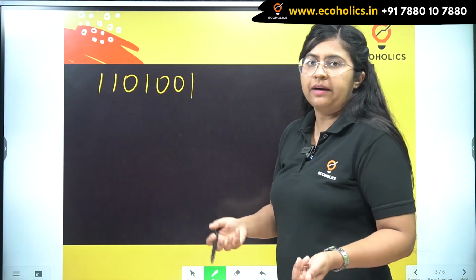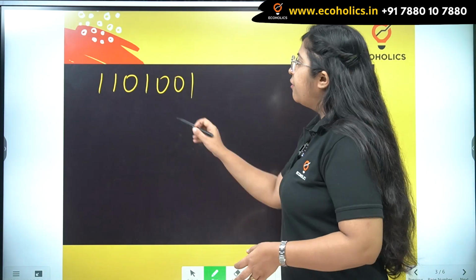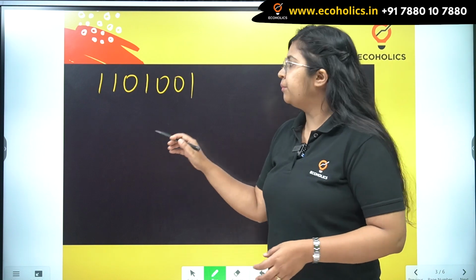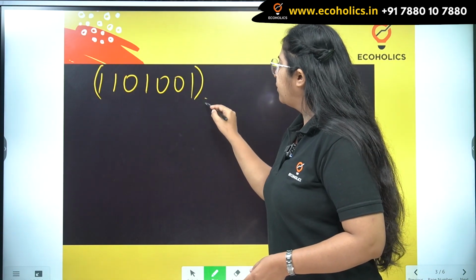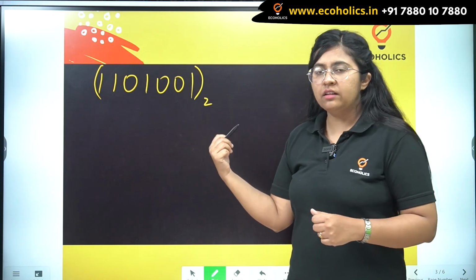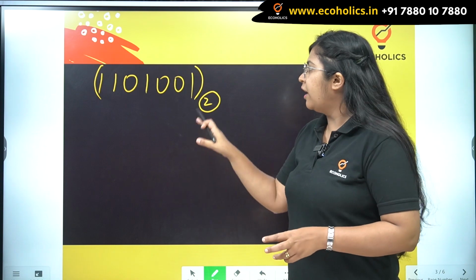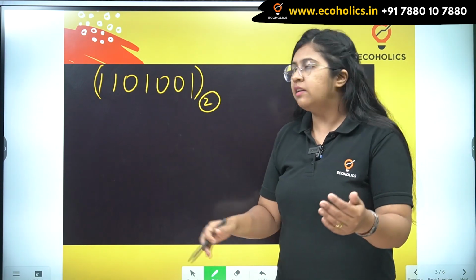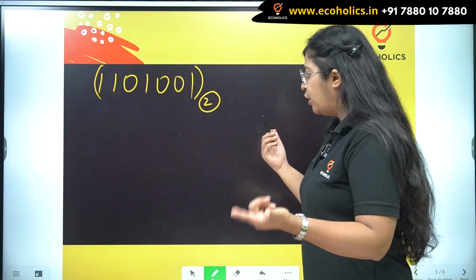Okay, just some random binary number. Now you have to convert it into decimal format. Whenever you write a binary number, you also write it with a subscript 2, because you want to represent it as binary format. If this is not there, it will still be considered as binary. These are some simple things that you can note.